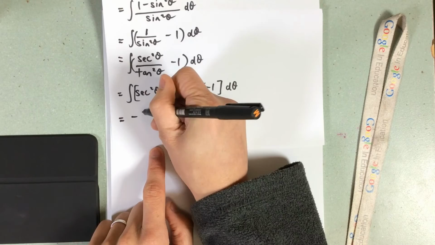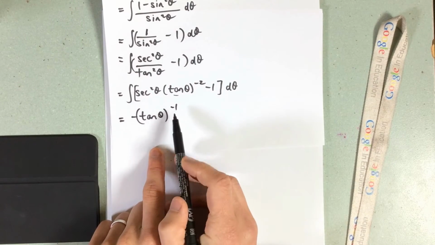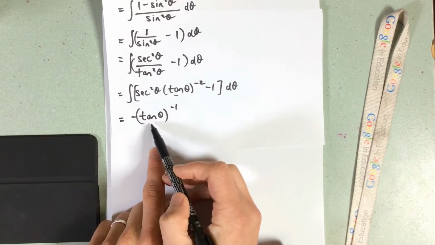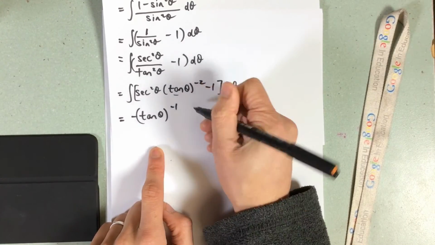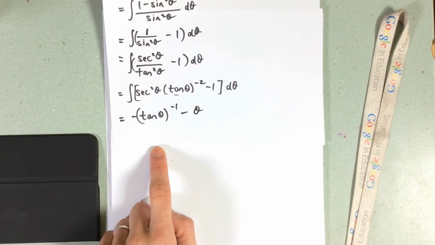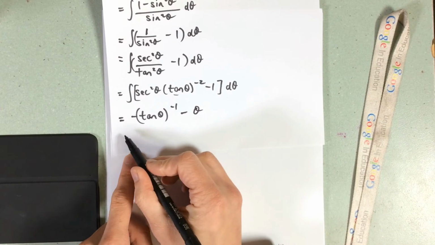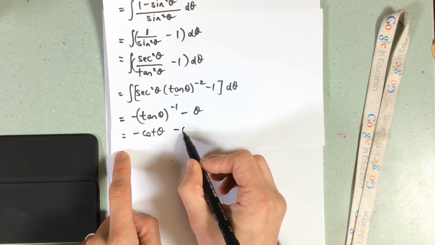So you're going to get negative tan theta to the power of -1, and then you should have divided by the derivative of the inside function, which is sec squared, so it just disappears, it cancels. There you go. Then you've got minus, and that -1 turns into a theta. Okay, so what you've got here is actually negative cot theta minus theta.